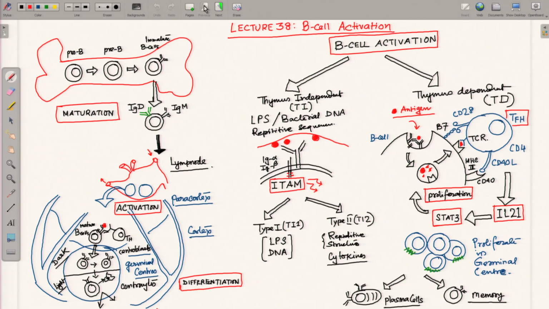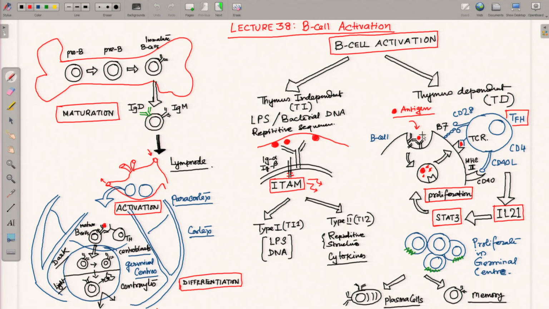We call it the activated B cell, because it has got signals from the T follicular helper cell. It has received the signals for its activation, and it is now ready to develop into a specific B cell producing a specific antibody type against the antigen that it has captured.